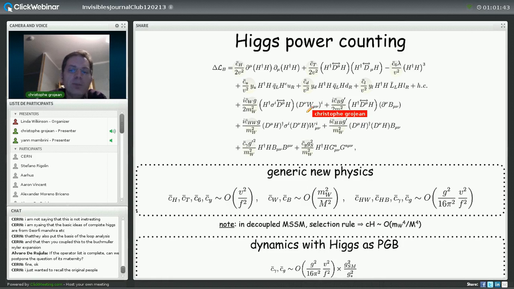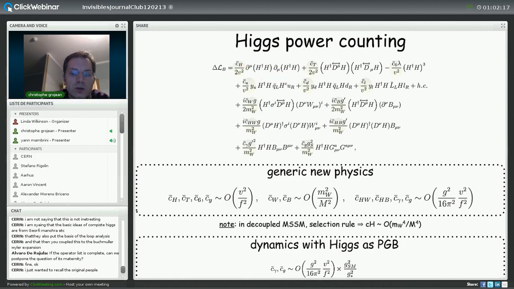For instance, if you take the MSSM, at least in the decoupling limit, when the scale of the additional charged or CP-odd states is much larger than the mass of the X that we are interested in, you can integrate out all these additional degrees of freedom and again obtain a very similar effective Lagrangian. Except that in SUSY you will have some selection rules, and for instance you will not generate this CH operator at the dimension 6 level.